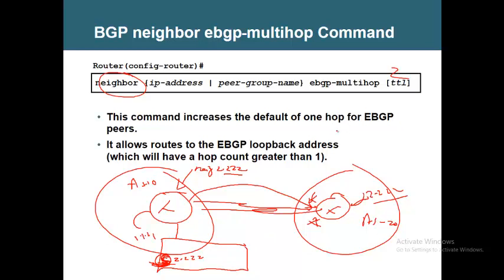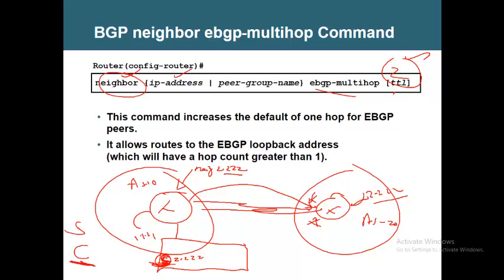So whenever you configure the EBGP neighbor address with ebgp-multihop 2, you are saying two things. One, my neighbor is two hops away, or two hops or less. Secondly, my neighbor need not be seen as connected, C, in the routing table.